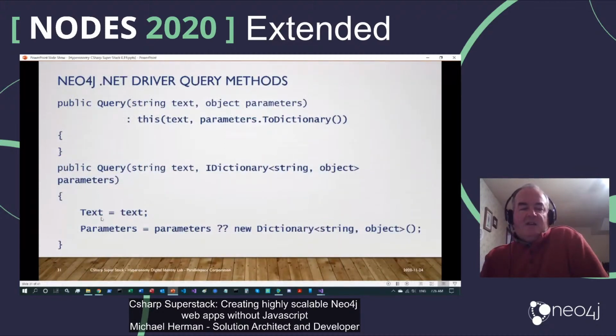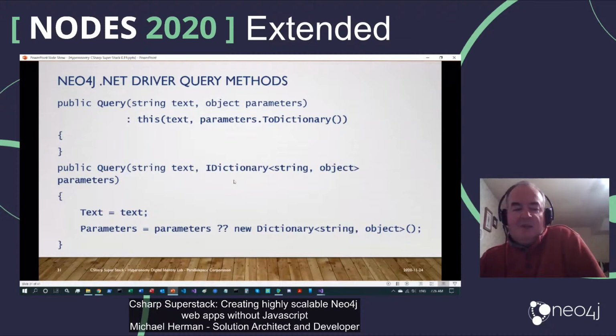The standard query methods, there's a couple of different ways. I'm kind of using the lowest common denominator API within the driver. It's interesting to note that, and this is actually text from some of the implementation of the Neo4j .NET driver on GitHub, internally it relies heavily on dictionaries.